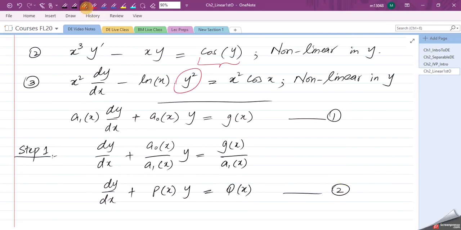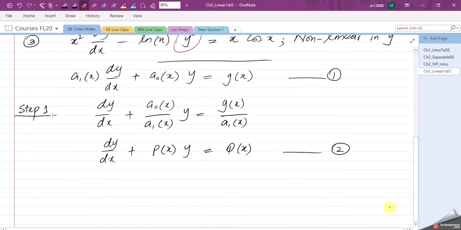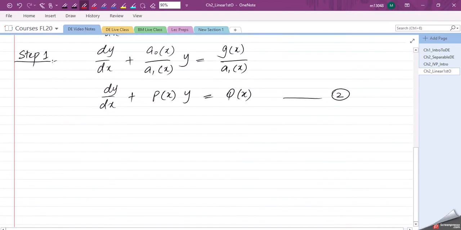This is the form which we will use to solve the differential equation. The method which I'm going to mention will not work. It will give you errors if you do not divide by a1 here and rename these functions, calling this function p of x and this function q of x. It's a very important step in the whole solution.